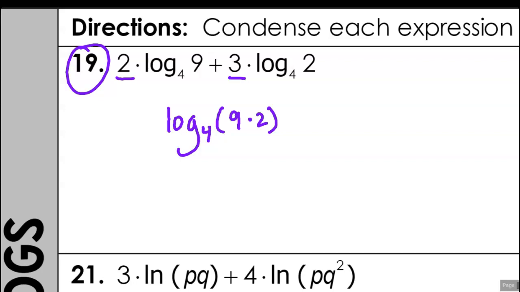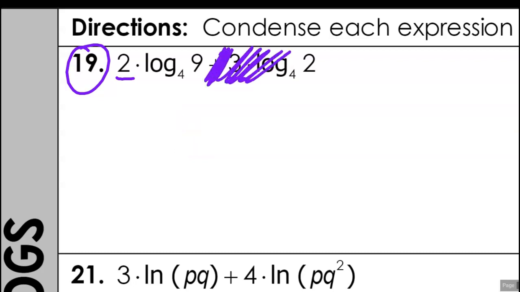What do I have to do first with the coefficients? What do I know I can do with coefficients on logs? This was the thing that we just did. Ignore this. Don't cross it out like I did. What can I do with the two?